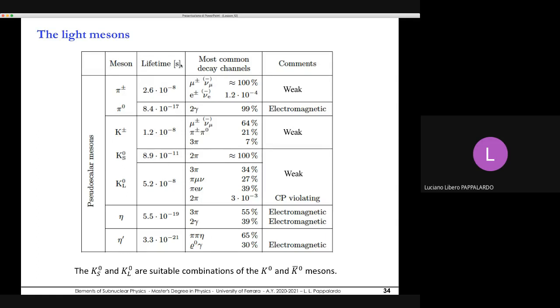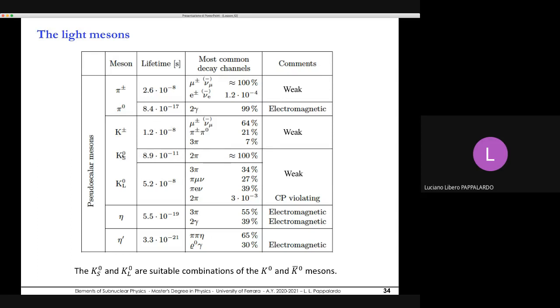Then we have the kaons. So we have the charged kaons, which behave pretty much like the charged pions. So again, we have decay times typical of weak interactions. And these are some of the main decay modes. And then we have the neutral kaons.